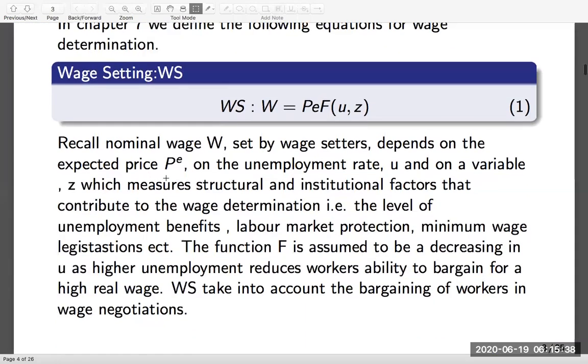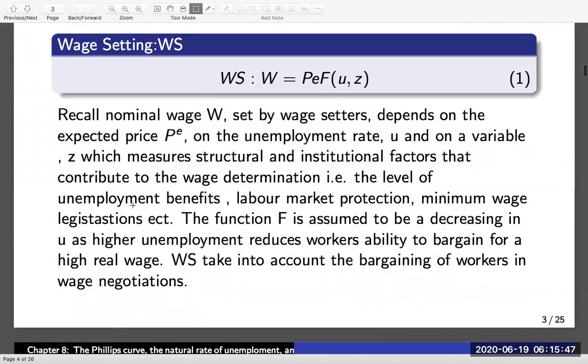So recall that nominal wages set by workers depend on the expected price, the unemployment rate, and the catch-all variables, which measure structural and institutional factors contributing to wage determination, i.e. the level of unemployment benefit, labor market protection, and minimum wage legislation.